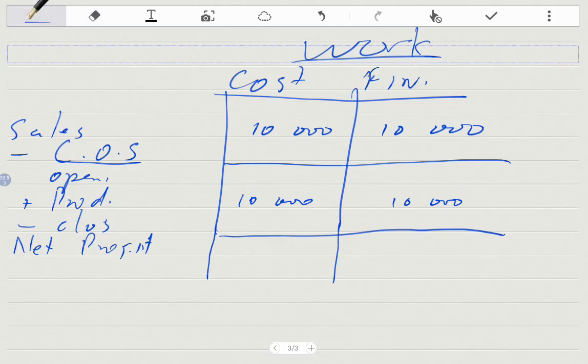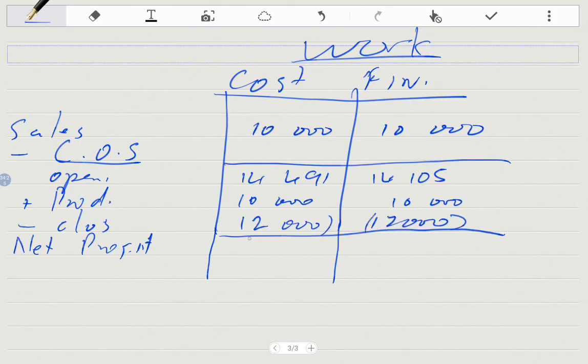Let's keep the other figures as they are. So our opening now is going to be 14,491, and on this side you've got 14,105. The closing, I think we need to have a closing. Let's just simply say that our closing is 12,000 on both sides.